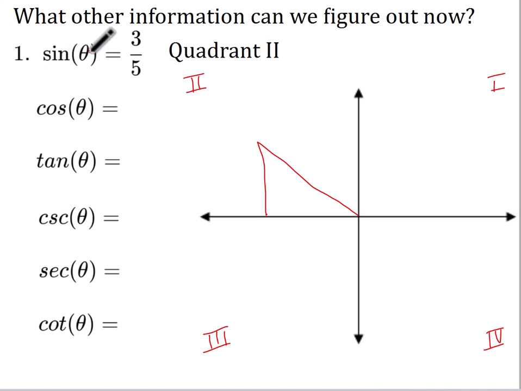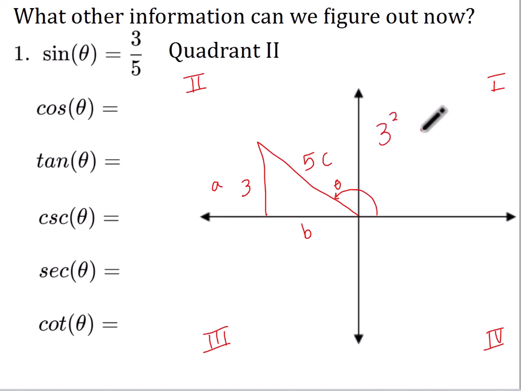So sine of theta, here is our theta that's going to get us over here. So this is our theta, our angle measure. This is 3, and this is 5. If we're trying to solve for this last side, we can use the Pythagorean theorem. Remember that we have a squared plus b squared equals c squared. The c is always the hypotenuse, or always our radius.